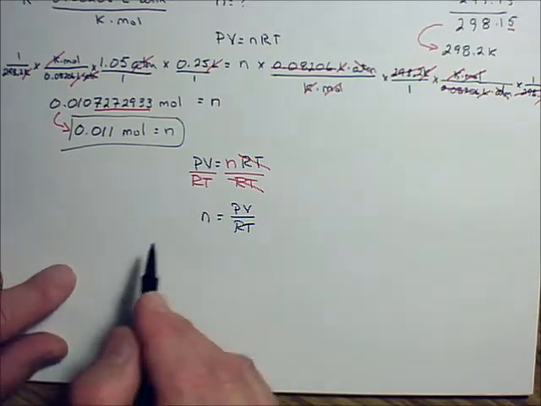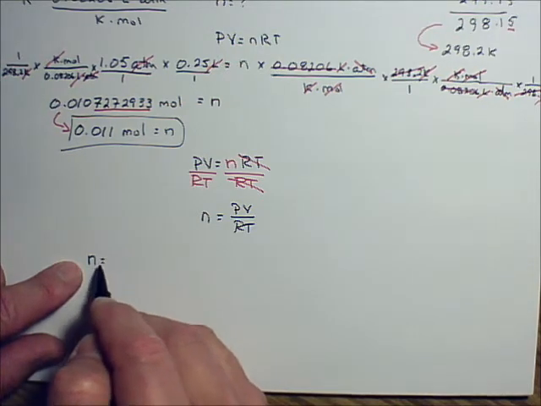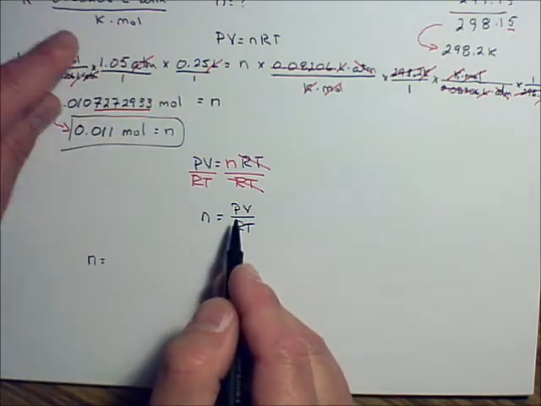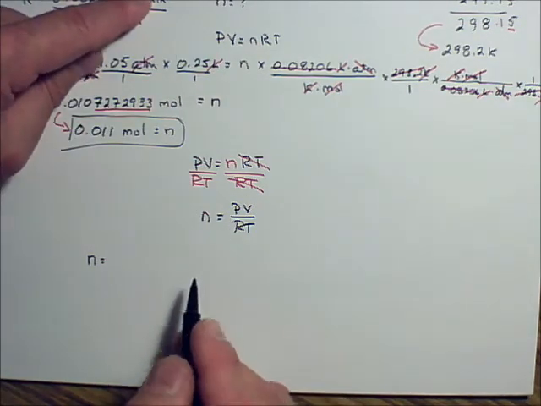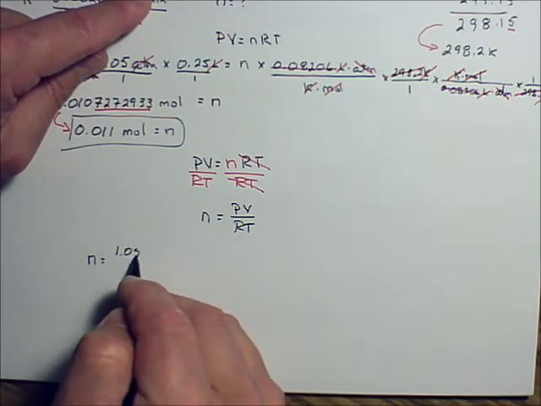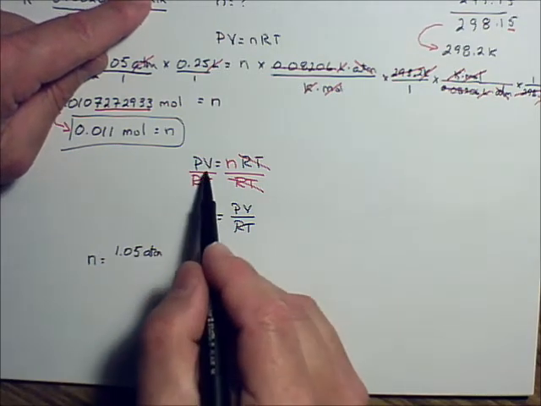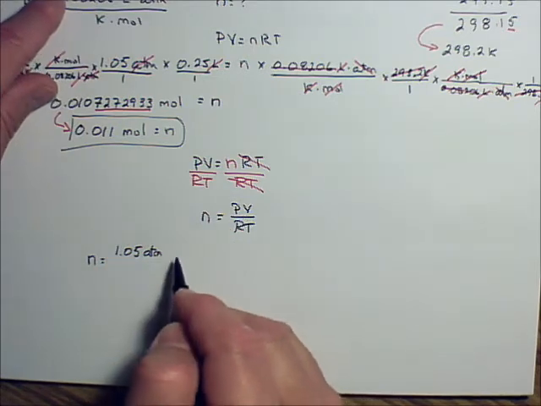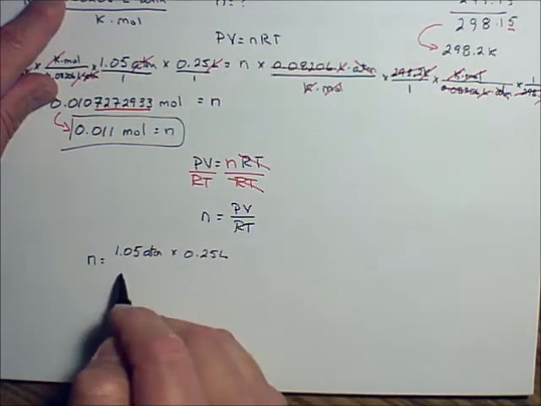Yeah. All right, so let's plug in these values then. Our pressure is 1.05 atmospheres. The volume here is 0.25 liters.